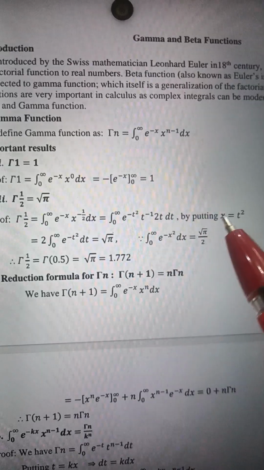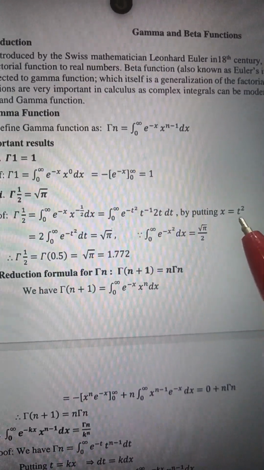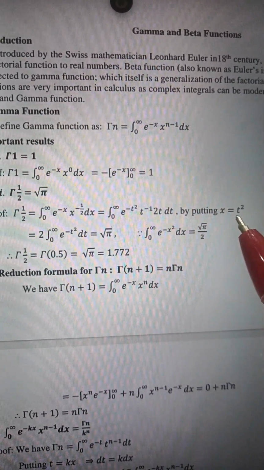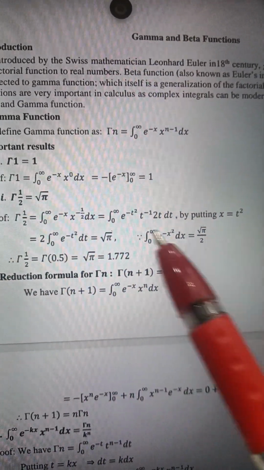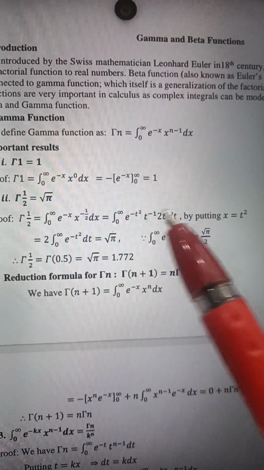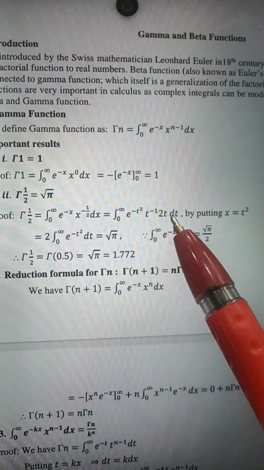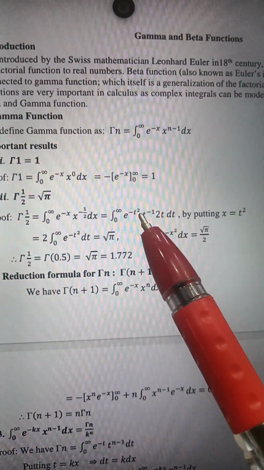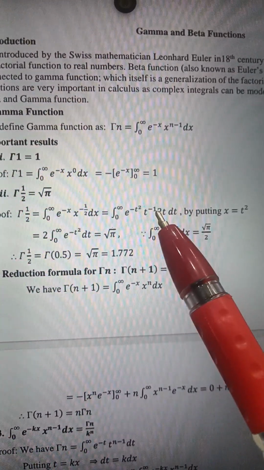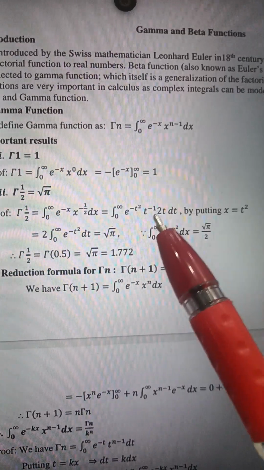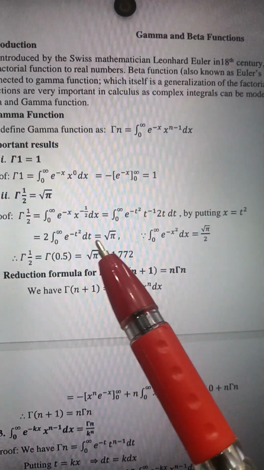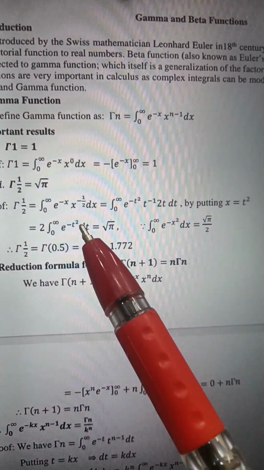And if we differentiate it, see, x equals to t square, we will get dx is equals to 2t dt. So in place of dx we are writing 2t dt. Clear? And t to the power minus 1 we can write as 1 upon t. So t and t will cancel, 2 will come outside. We will get this expression.